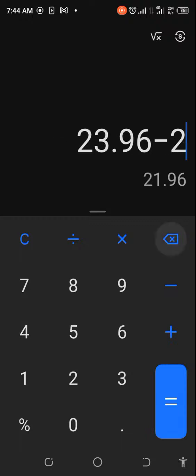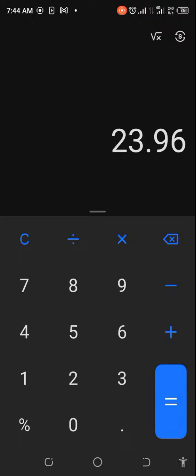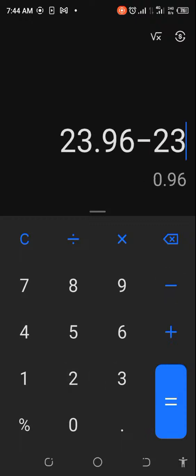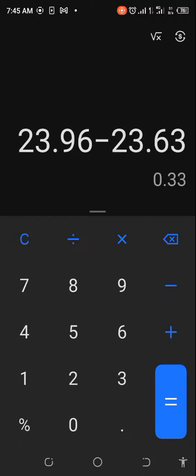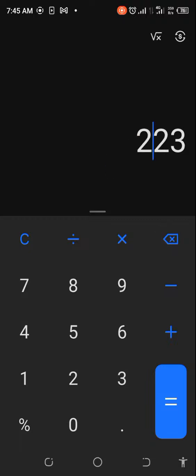Let's just multiply this. That's 23.96 minus 23.63. Okay, so we're going to use 23.63 actually for this calculation, because that's what we actually have. That's what came in.